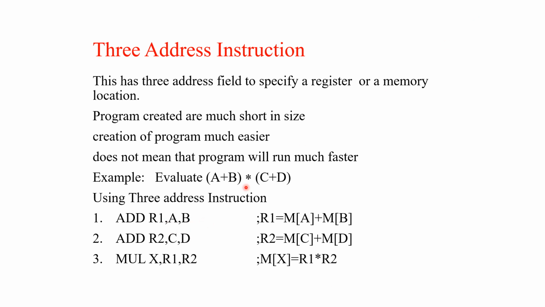The second instruction adds c and d, storing the result in register r2. The final instruction multiplies the results r1 and r2, storing the final result in r3. This structured approach simplifies the expression evaluation process and keeps the program concise.